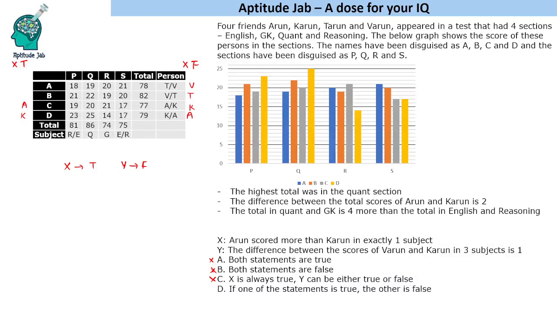Okay, so if I consider Y as true, because it says that the difference between the scores of Varun and Karun in three subjects is 1, only here do you have the case where the difference is 1 mark in three subjects. So if I consider Y as true, I get X is false. When I took X as true, Y was false. When I took Y as true, X was false. So that means if one of the statements is true, the other is false.